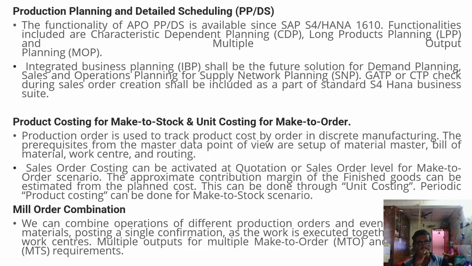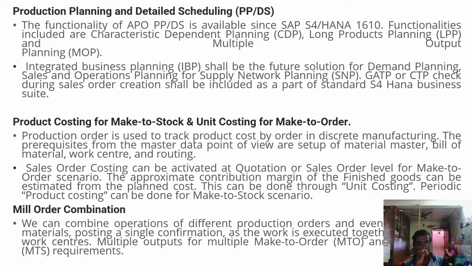And sales order costing can be activated at the quotation or the sales order level for the make to order scenario. The approximate contribution margins of the finished goods can be estimated through the planned cost. This can be done through the unit costing. Periodic product costing can be done for the make to stock scenario.